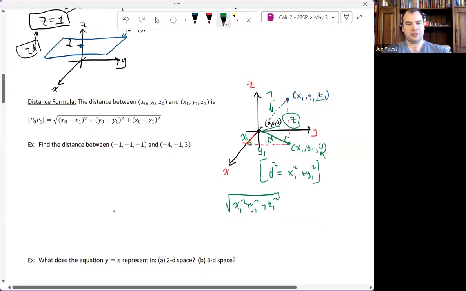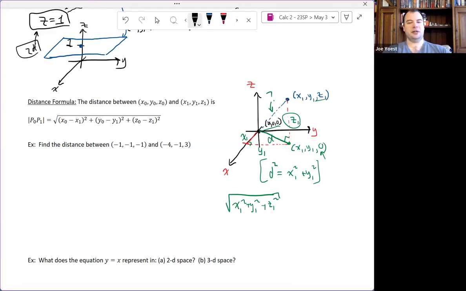So let's take an example. Find the distance between the points (-1, -1, -1) and (-4, -1, 3). So my distance is the square root of the difference in the x's. -4 minus -1 is -3, squared.